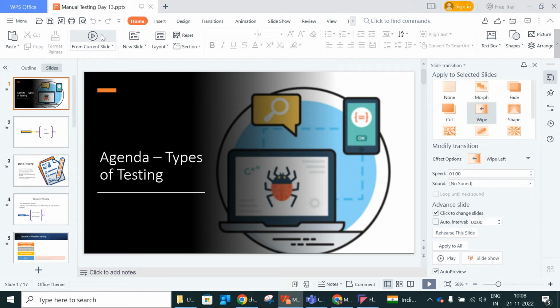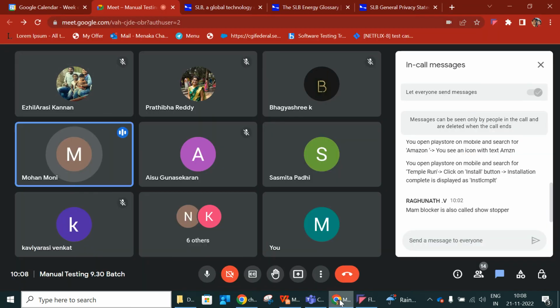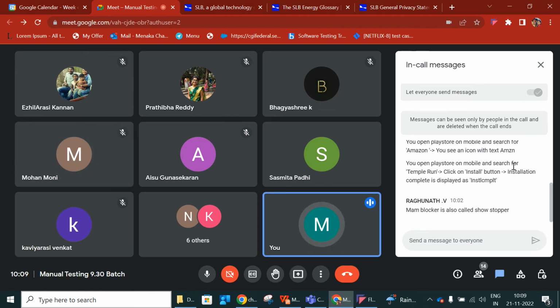Kiran, yours is not correct. It does not affect the application, so it is low severity. Last one: you open Play Store on mobile and search for Temple Run. Click on the install button and installation is complete.